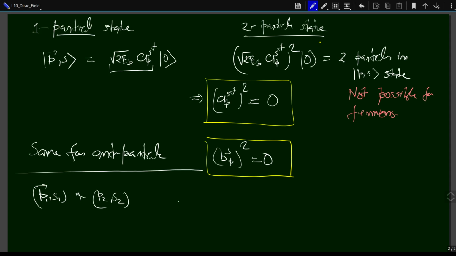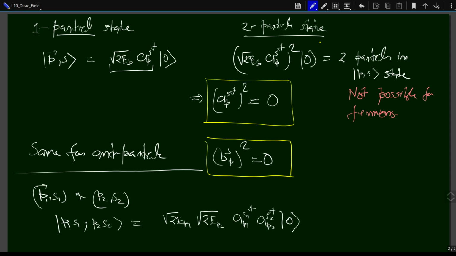So how do I write it? I can write it as the state p1 s1; p2 s2, and this should give me square root of twice E_{p1} times square root of twice E_{p2} times a_{p1 s1} dagger a_{p2 s2} dagger acting on the vacuum. This is my two particles.